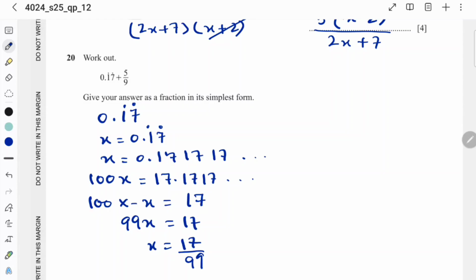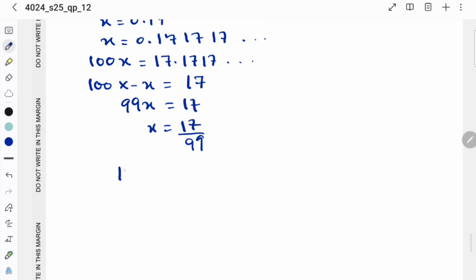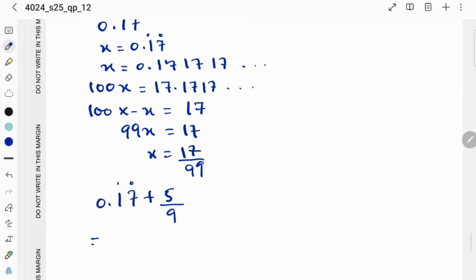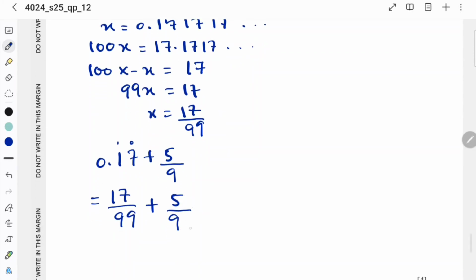Now I'll combine it with 5 over 9. 0.17 recurring plus 5 over 9 is the question, so I can write 17 over 99 plus 5 over 9. Now take the LCM; I have to multiply by 11 to make it 99.